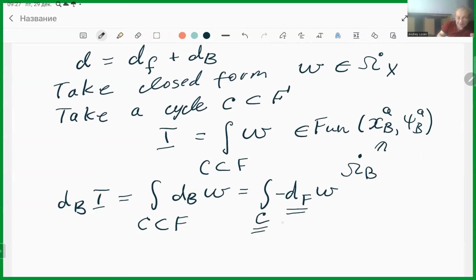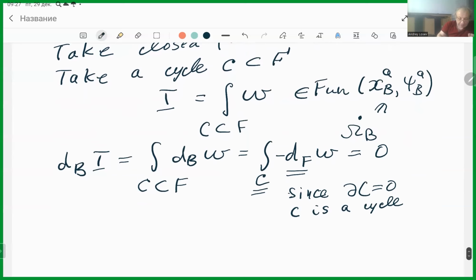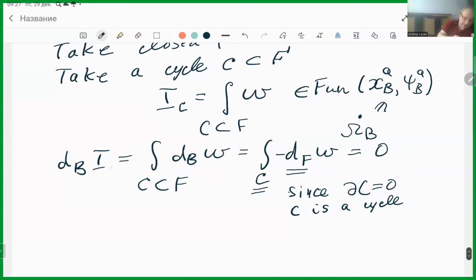But then, since C is a cycle, this integral equals 0. I can even mark this I with C, showing that this integral depends on the cycle.